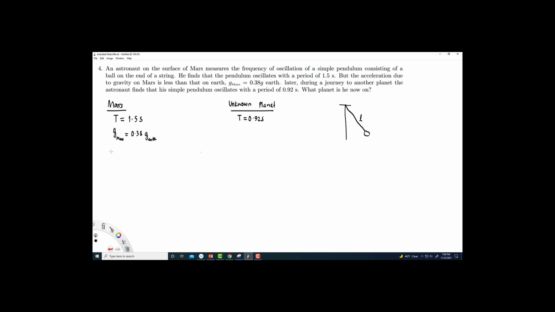So we have the time period is given by 2 pi square root of L over g. So we can find L by taking the square on both sides: T squared is 4 pi squared L over g. So L is T squared times g on Mars over 4 pi squared.